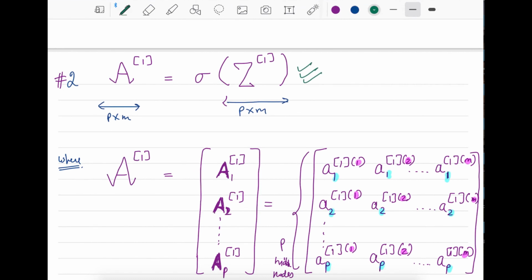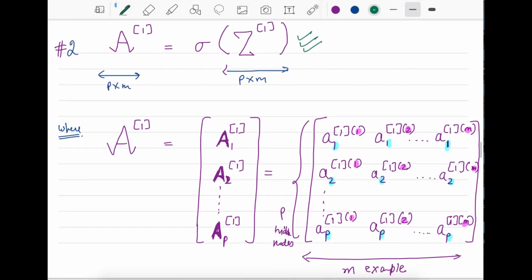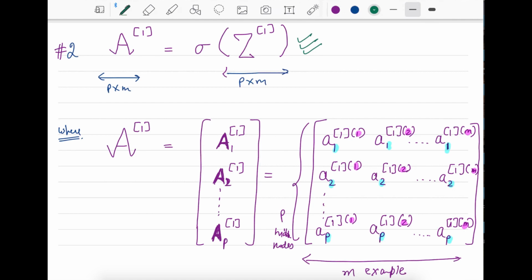This is also quite evident from what you are seeing here. It's easy to understand. I guess there is no point in discussing this one because it will have the same dimension as that of Z. The reason is that you are running a non-linearity on it, and non-linearity doesn't change the dimension. So whatever dimension you have for Z, the same dimension will be for A.